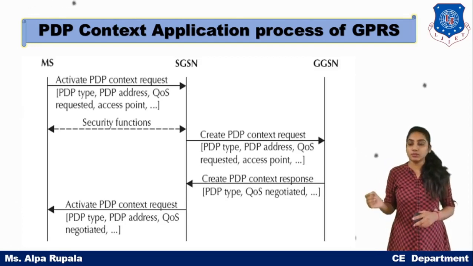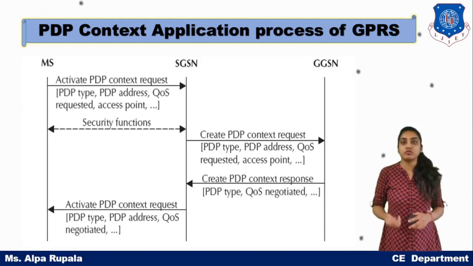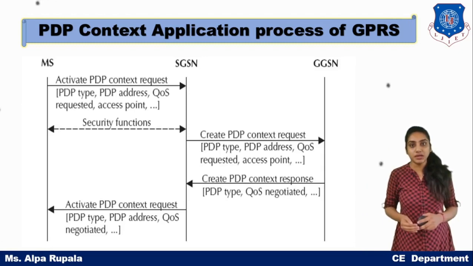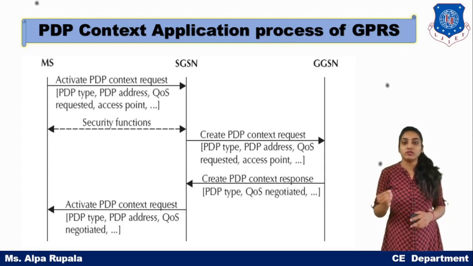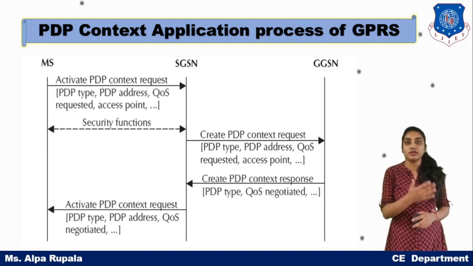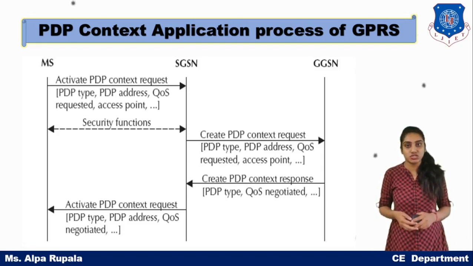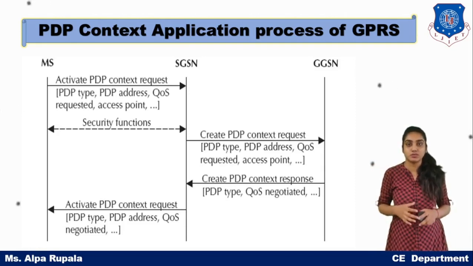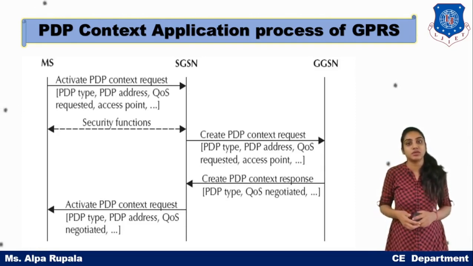The PDP type is the IPv4 addressing type or IPv6 addressing type. The PDP address means whatever your MS is, that MS will have some address according to the context of the SGSN. This is the sender and receiver address specification, that is the PDP address.